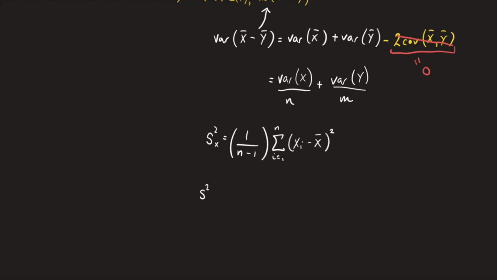And similarly, s squared y is going to be equal to 1 over m minus 1 times the sum of the yi minus y bar squared, where again yi is the observed wages of the ith female worker.